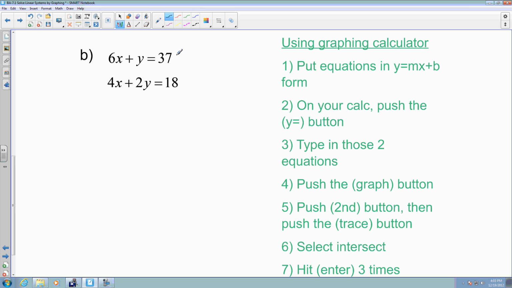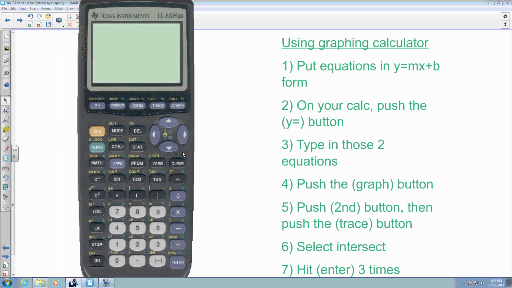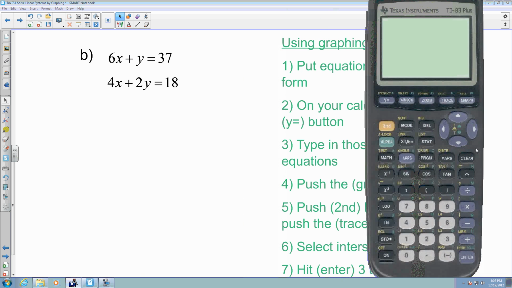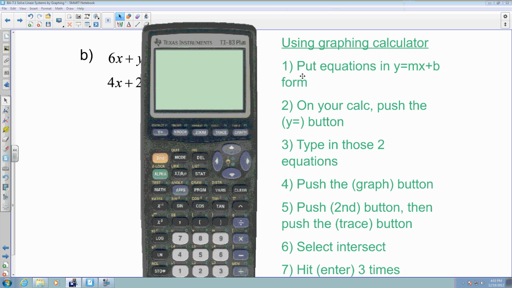Now, if I'm going to use a graphing calculator, which I have right here, there are some things I have to keep in mind. First off, step one is, even though I have a system, I need to put it in y equals mx plus b form.